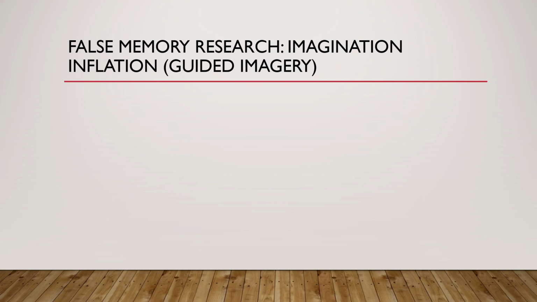Now, suggestion is not the only way that false memories have been produced in research. Memory researchers started to notice that guided imagery was being used in therapies, as well as suggestion, and they were resulting in probable false memories, and these cases ended up in court cases that involved repressed memories.